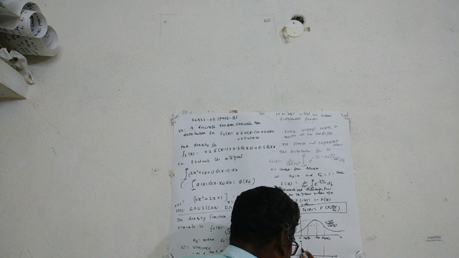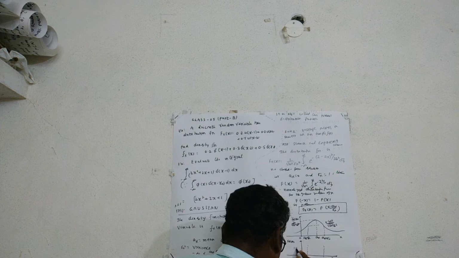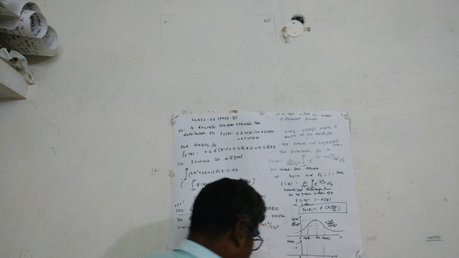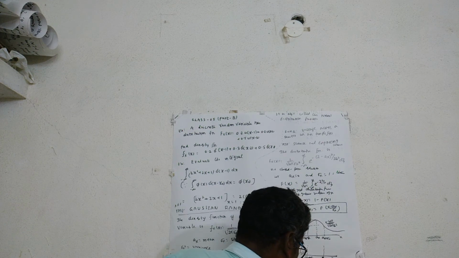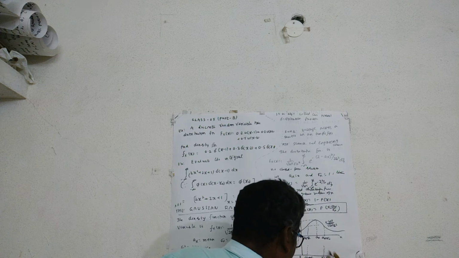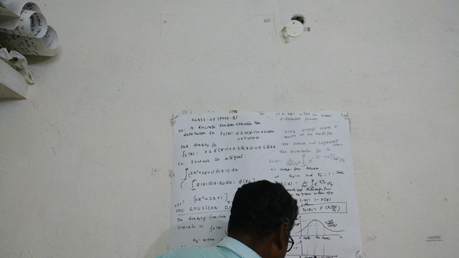Here, say for example, it is 0.5, it is 1, and the other one is its center value.